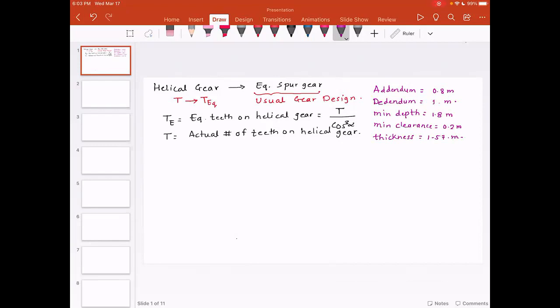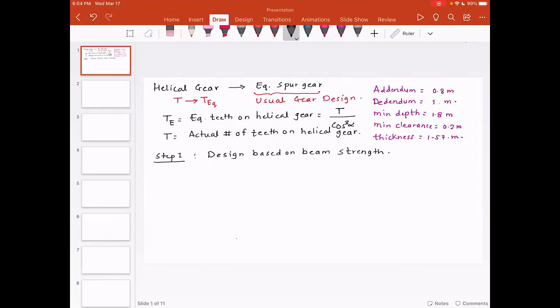Now, when we try to design, step one, design based on beam strength. Whenever we are designing a helical gear, they will give us the power and torque requirement.